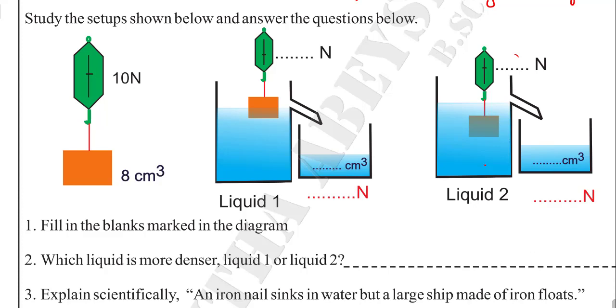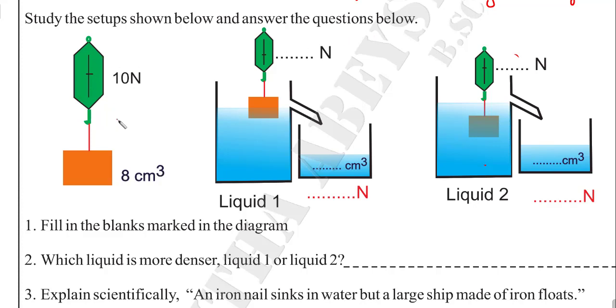Now, as a homework, I'll give one object, children. Study the setup shown below and answer the question below. This knowledge, children, you have to get into your brain. Mainly, you have to get the concept of this.